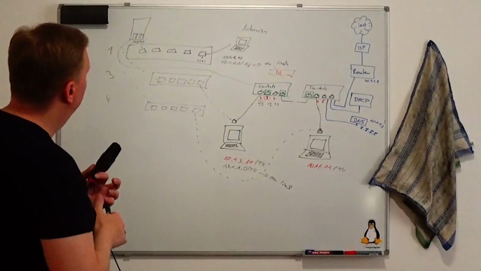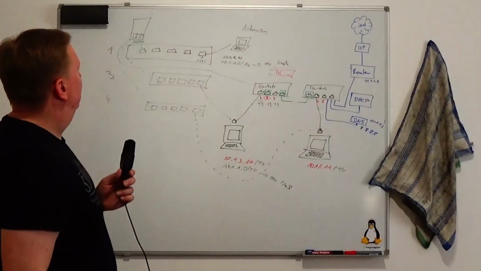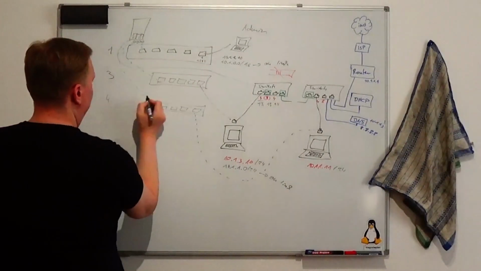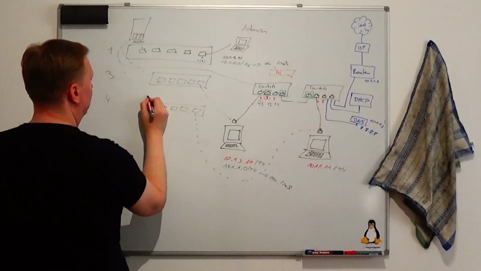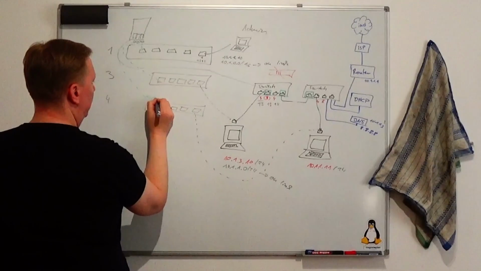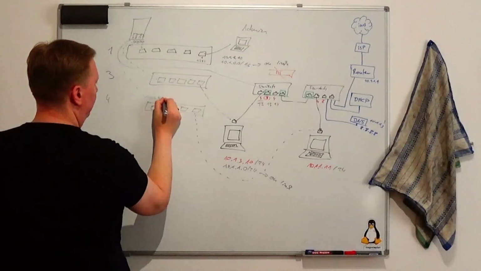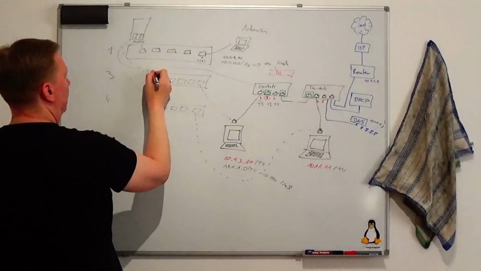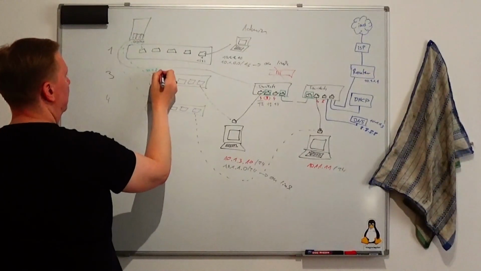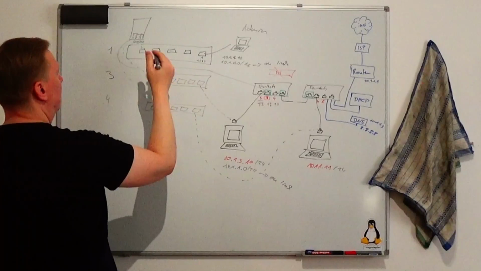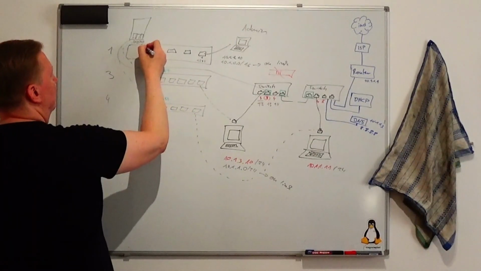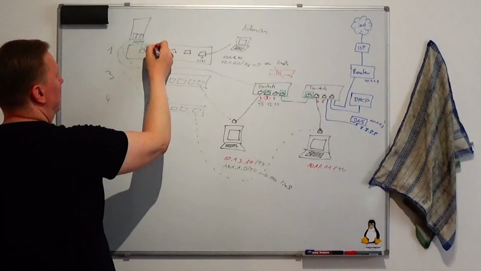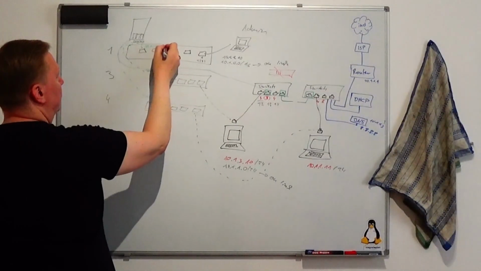Okay, and they all need their own separate IP addresses. So this one here will get 10.1.4.254. This one will have 10.1.3.254. And this one would have 10.1.1.254. Okay?